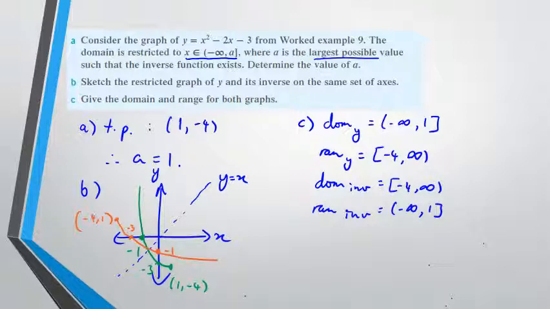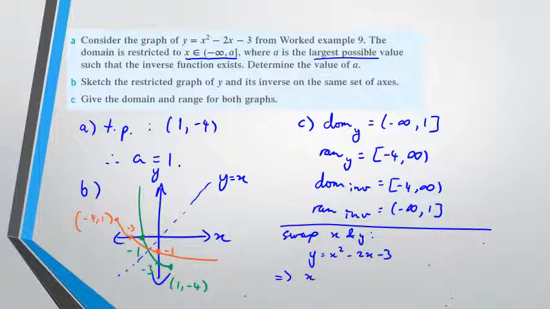Now, I know it's not written on here, but I don't want to make a separate video about it. How you find the inverses, so swap your x and y's. So we have y equals x squared minus 2x minus 3. Swap them. So you get x equals y squared minus 2y minus 3. You will need to complete the square to be able to do that.